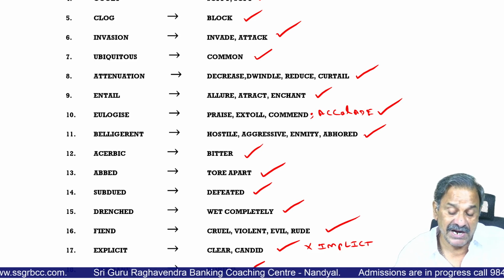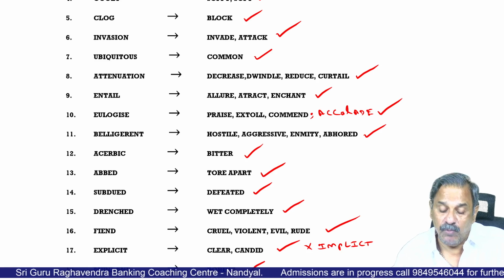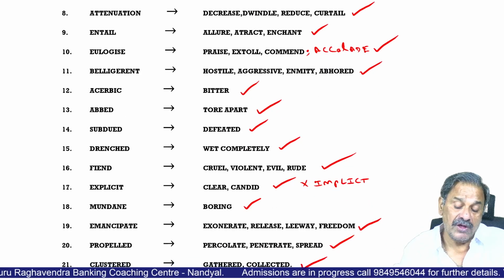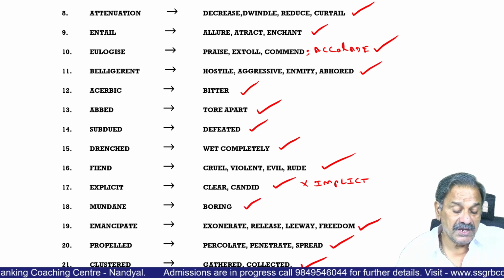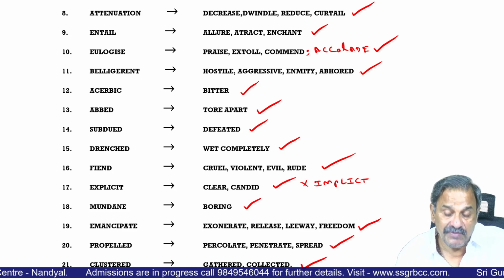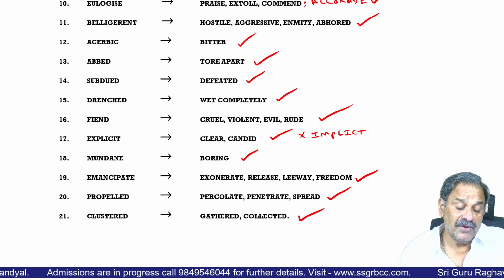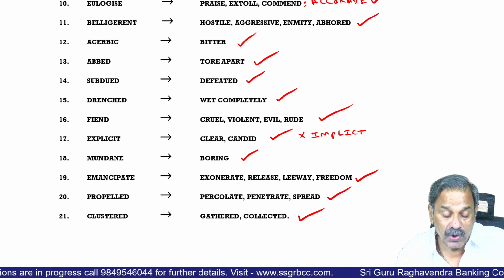Then belligerent means hostile, aggressive, enmity, abhor. Acerbic means bitter. Abid means tore apart. Then subdued means defeated. Then drenched means wet completely. Fiend means cruel, violent, evil, rude.